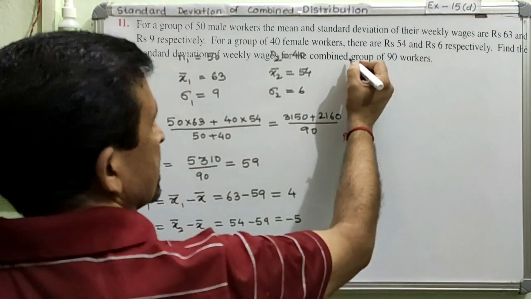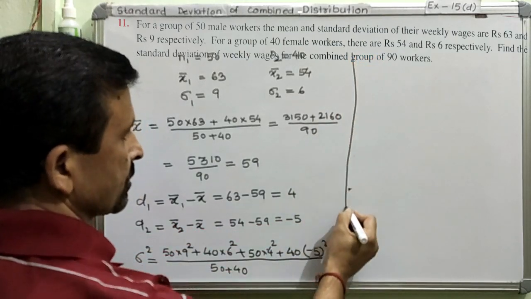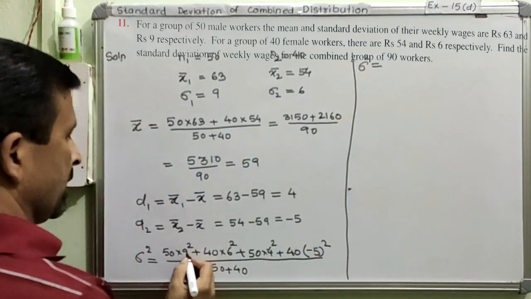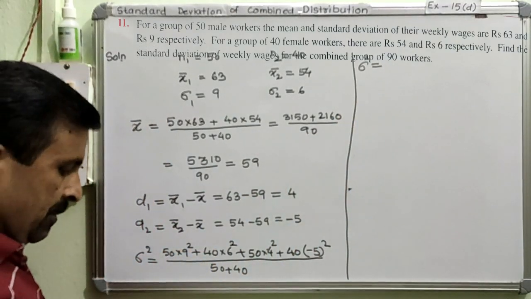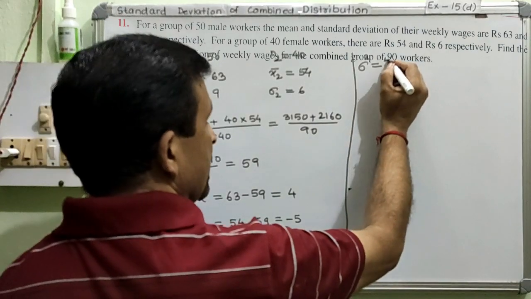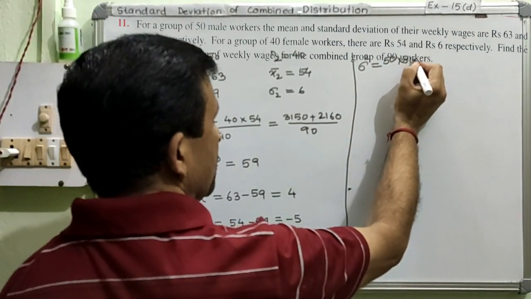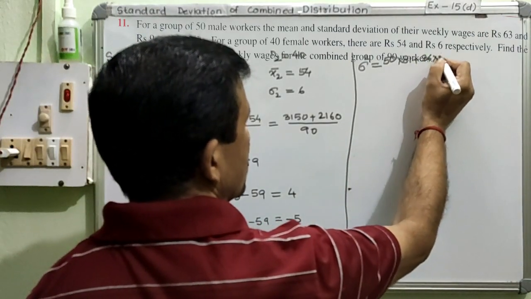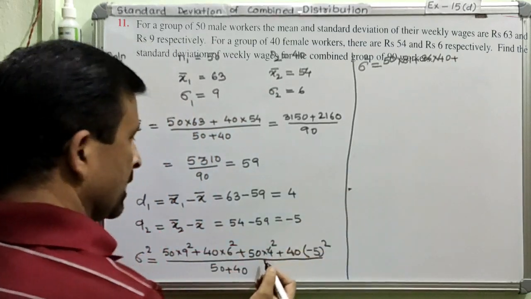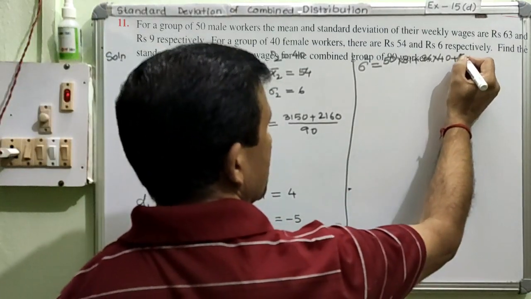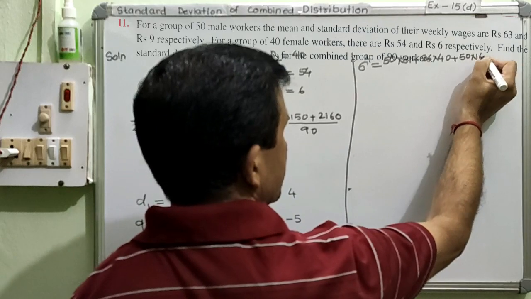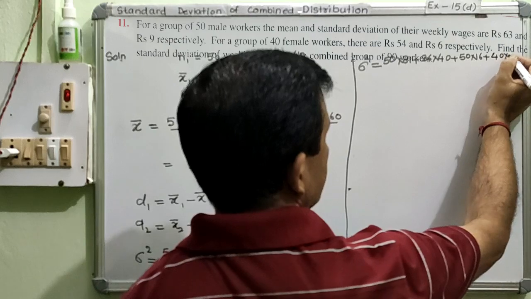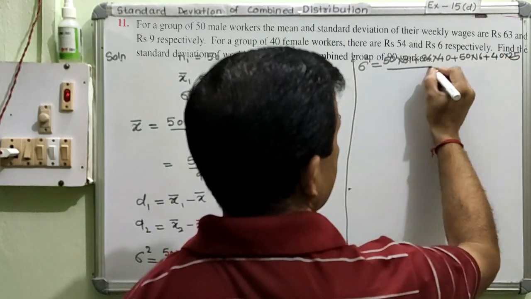Alright, now we'll continue the calculation. Sigma square is equal to 9 square, 81, and then 50 into 81 plus 36 into 40, plus 16 into 50, plus 40 into 25, divided by 90.